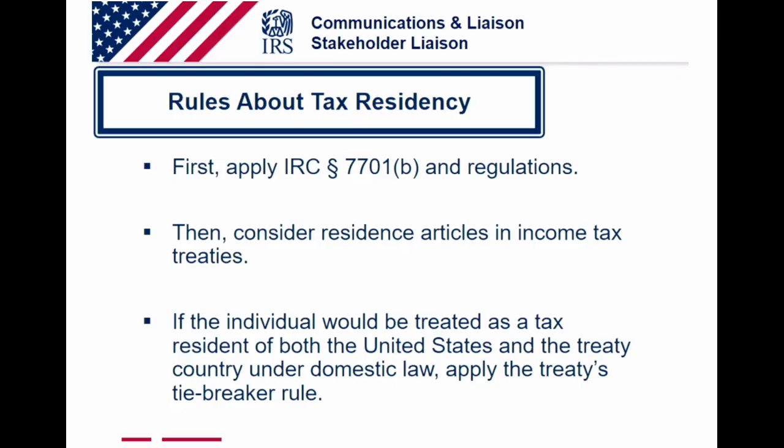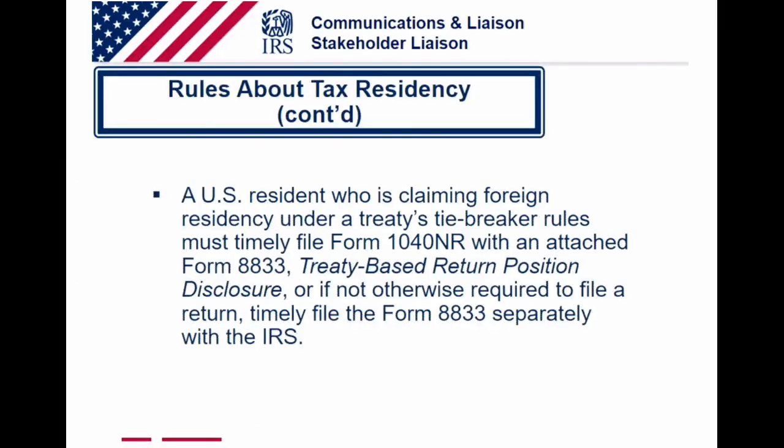Income tax treaties typically have what are known as tiebreaker rules, and those are the rules that determine residence for purposes of the treaty of an individual. And these are typically going to be found in Article 4. That's where they're found in most treaties, but every treaty is unique, so they could be elsewhere.